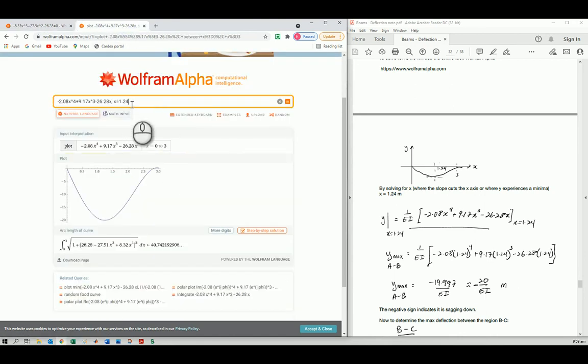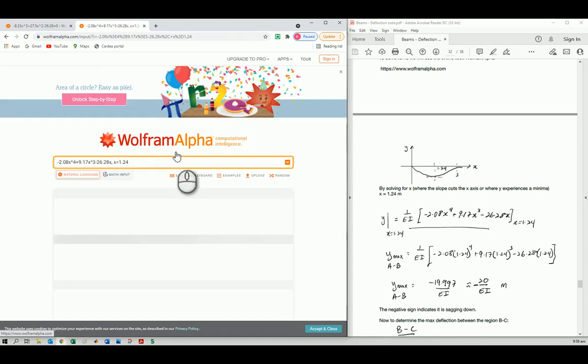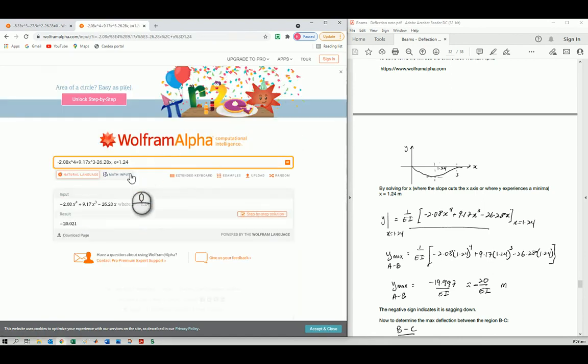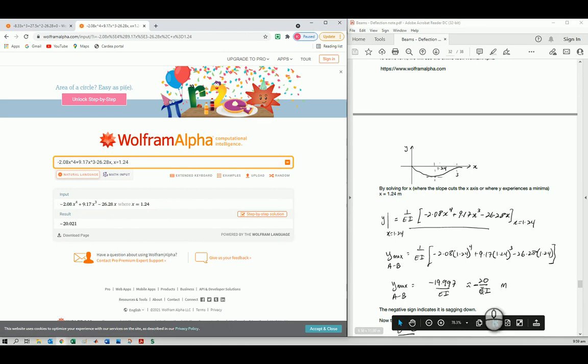Let's take 1.24, it's easier because it remains with the notes. So you can actually evaluate it at a point. Instead of having to plug in x is equal to 1.24, you could do it like this in Wolfram, and it will give you the answer as minus 20, which is what we have here. So you can see the answers differ by rounding off error again.